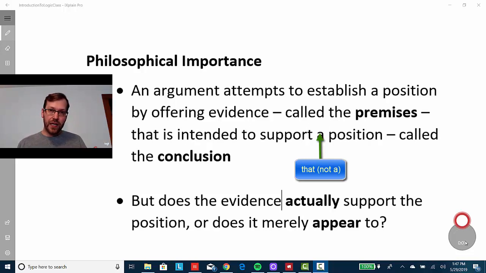But even though somebody gives you reasons, gives you evidence for a position, that doesn't mean that they're right, that the evidence they're offering secures the conclusion. So there's this outstanding question of whether the evidence actually supports the position or whether it merely appears to do so.